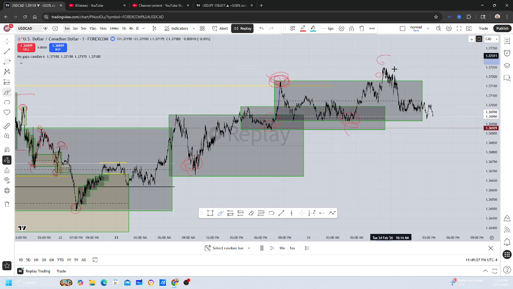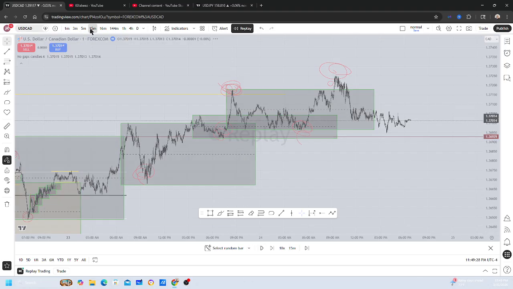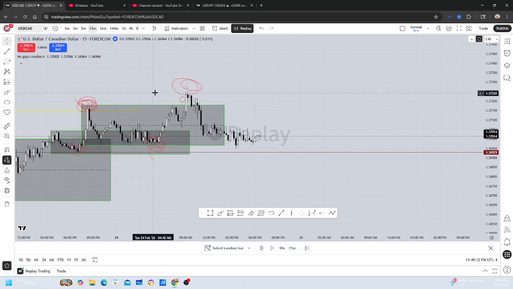So now what do I do? Low, high, low, high. This is not an equal high. But we have 4 swings. We cross this higher time frame high, even though we wick above it. No, on the 15 minute it beat it.